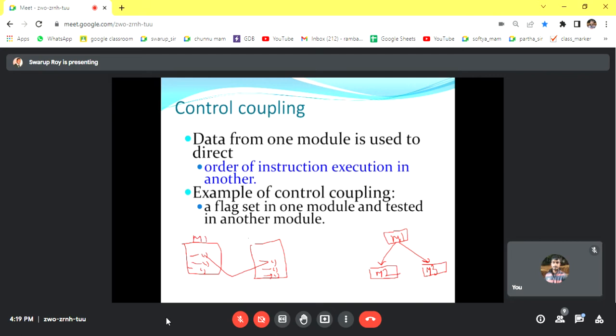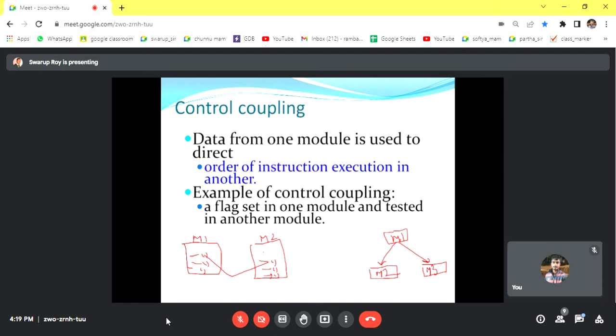It's not that module to module communication is happening, it's basically function to function. If there is dependency between any two functions of two different modules, then we'll say that these two modules are connected with each other or dependent on each other.